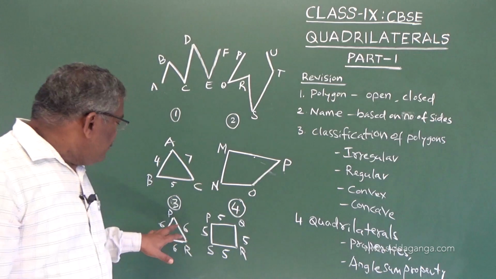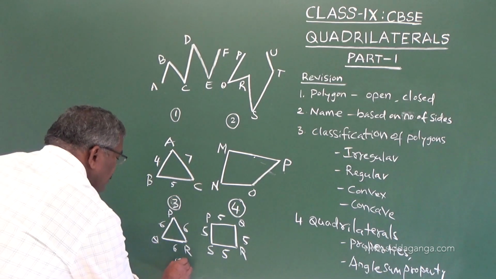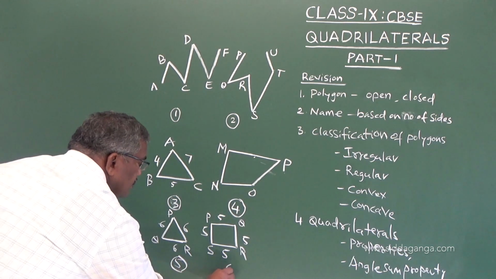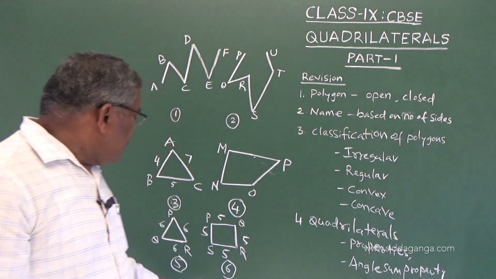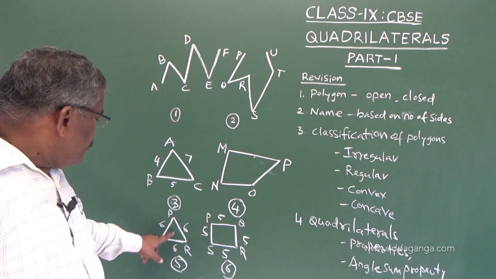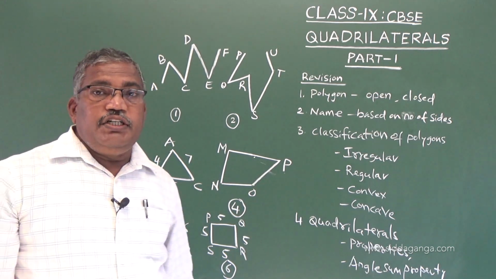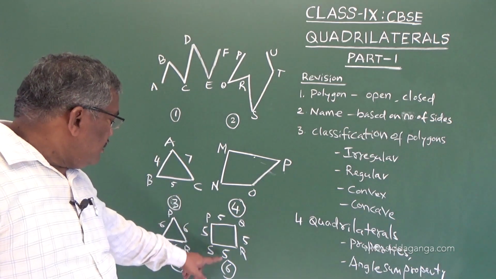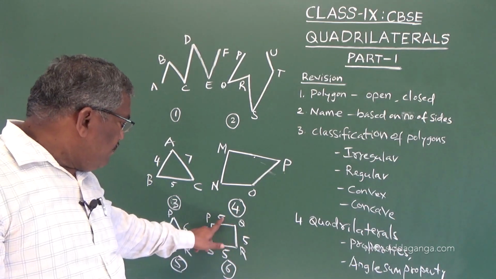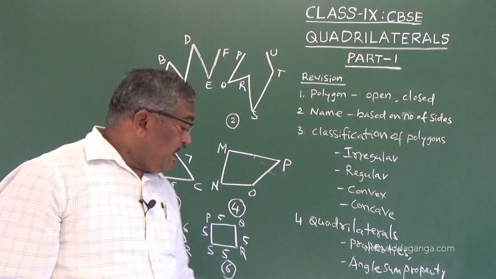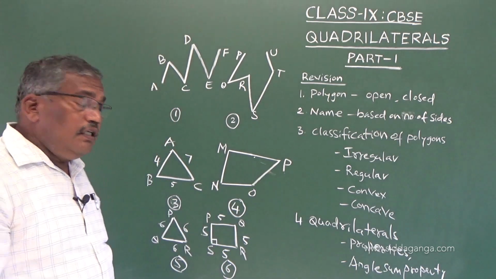So here in 5 and 6, in 5 and 6, you will observe all sides of the triangle shown in figure 5 are having 6, 6 and 6 units length, and in figure 6, the square is having 5, 5, 5, 5 centimeters, and angles are also equal. All angles are 90 degree here.